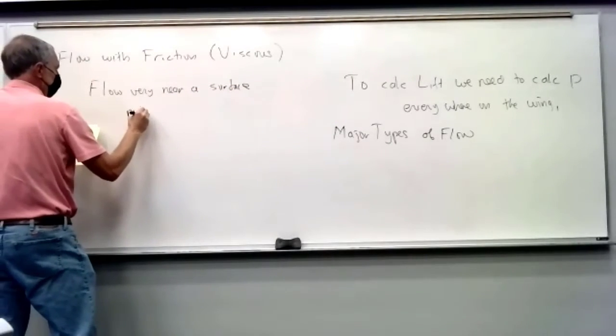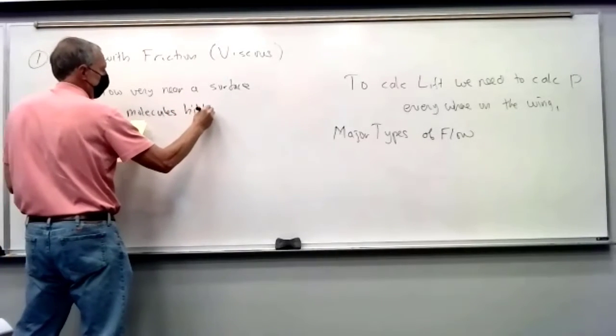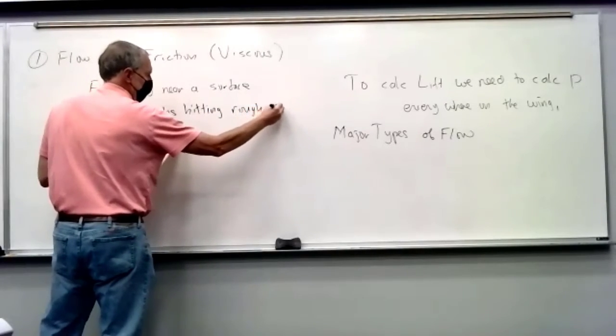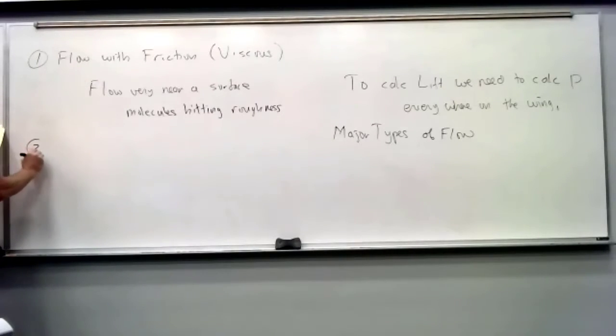It has molecules hitting the roughness. And the molecules that hit those bumps in the surface slow down. And then they hit other molecules and slow them down. So you get a region of flow very near the surface that's slowed down. Harder to calculate.